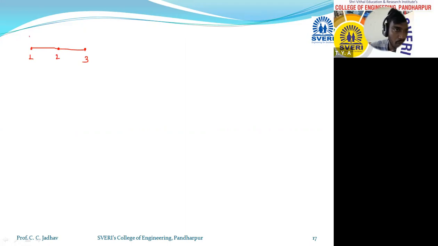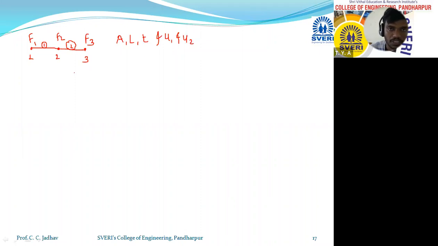Okay, so this is force 1, this is force 2, at node 3 force 3, and this is your element number 1, this is element number 2. Here A is the area of cross section, L is the length of the element, T is the thickness, and U1 and U2 are the displacements.